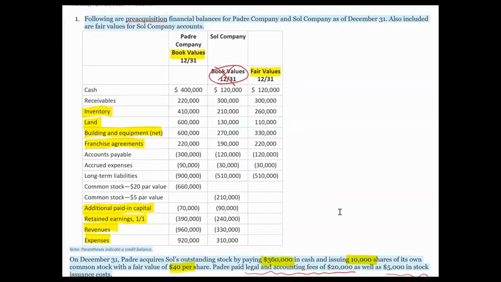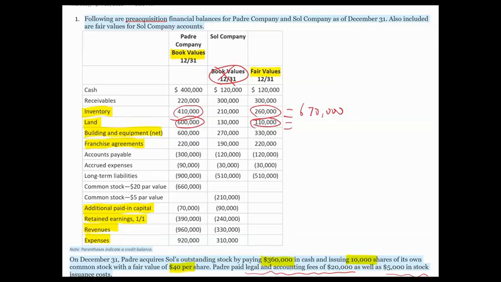The consolidated balance of inventory is going to equal the parent's book value of inventory plus the subsidiary company's fair value of their inventory. It equals 670,000. As to land, we use the parent company's book value plus the subsidiary company's fair value of their land.